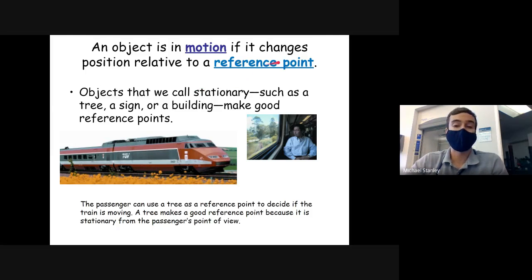These reference points are telling you that the train is moving really fast because the train and the tree are going by each other really quickly. Sometimes if there's one train on one track and another train on the other track, and they're both going about the same speed, it can be hard to tell how quickly they are moving because in relation to each other, they're not moving very much, right?